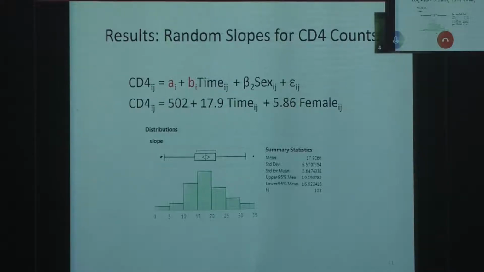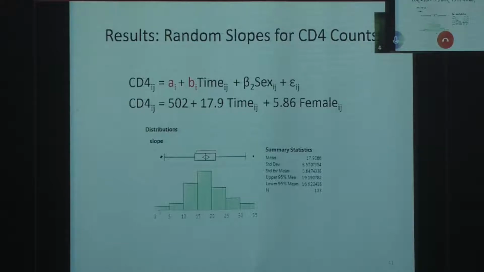They're centered at 17.9. That's the mean of this distribution. And so that's why you see 17.9 here. But it's very interesting. None of the people actually had CD4 counts that were going down over time. So if you looked at the slope for each person, everybody's slope is positive.